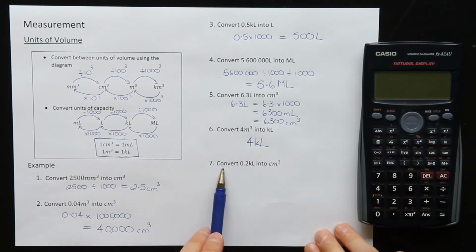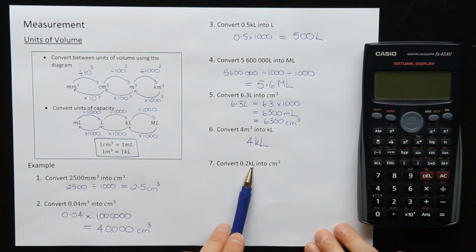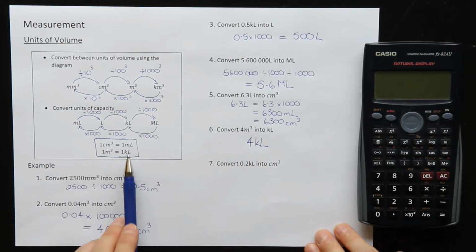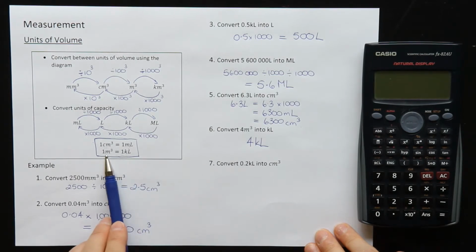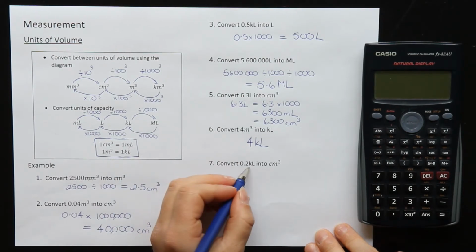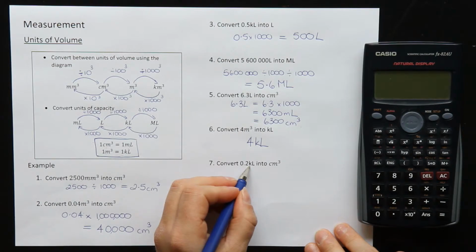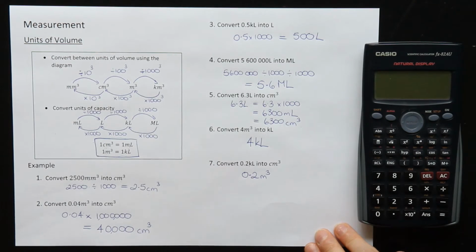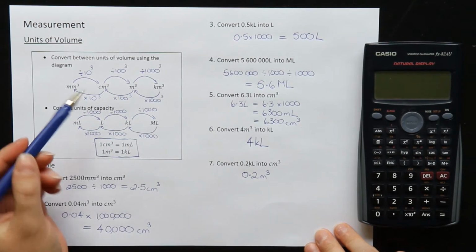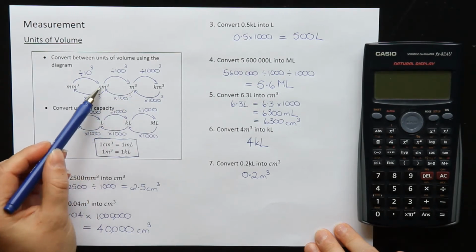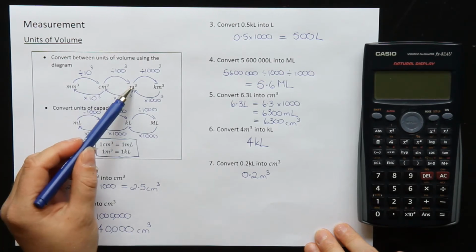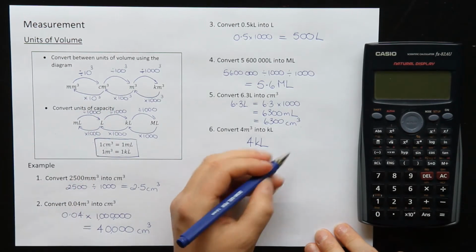Question 7. Convert 0.2 kilolitres into centimetres cubed. Okay, kilolitres can convert straight into metres cubed. So instead of 0.2 kilolitres, that's the same as 0.2 metres cubed. But then I want to convert my metres cubed into centimetres cubed. Metres cubed to centimetres cubed, I times by 100 cubed.